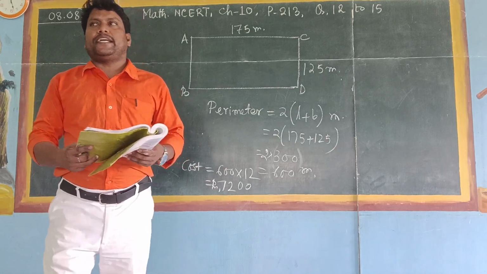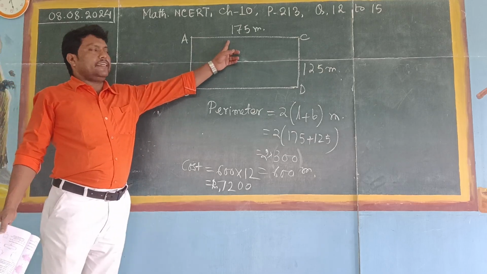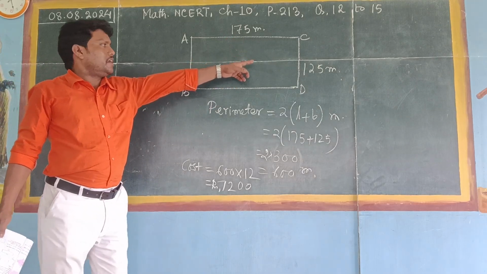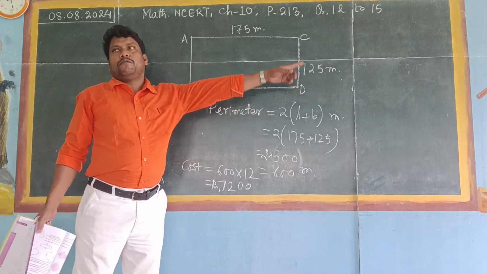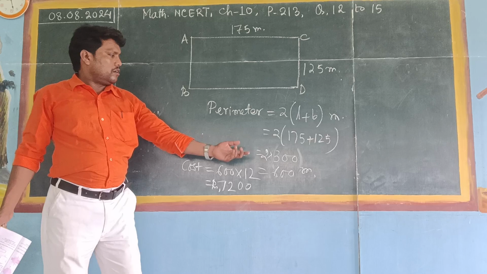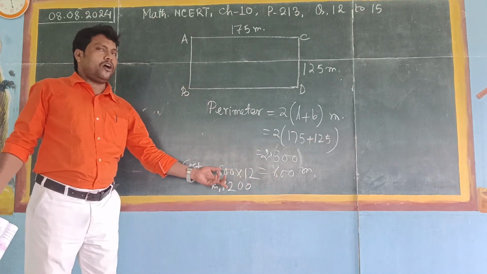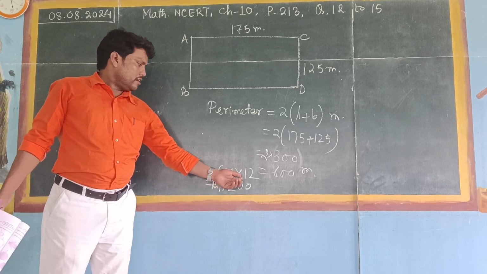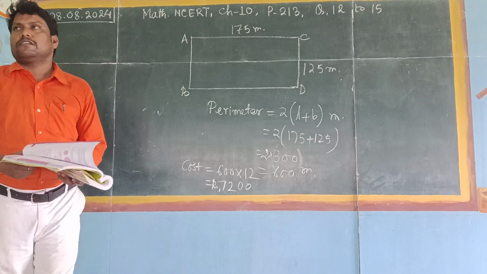For a rectangular park of length 175 meter and breadth 125 meter, to fence it the total length is 600 meter, and fencing per meter costs rupees 12, so 12 into 600.